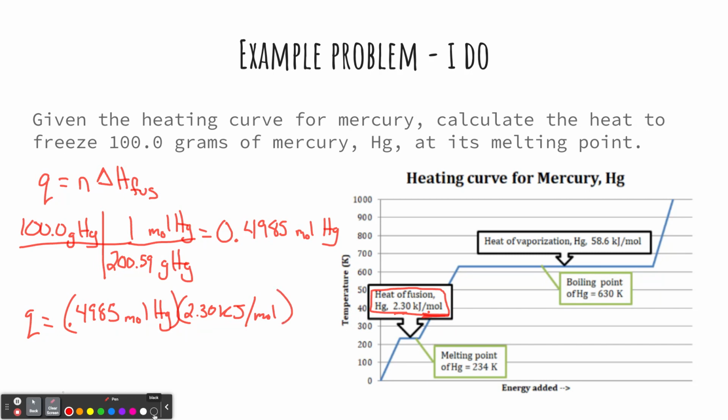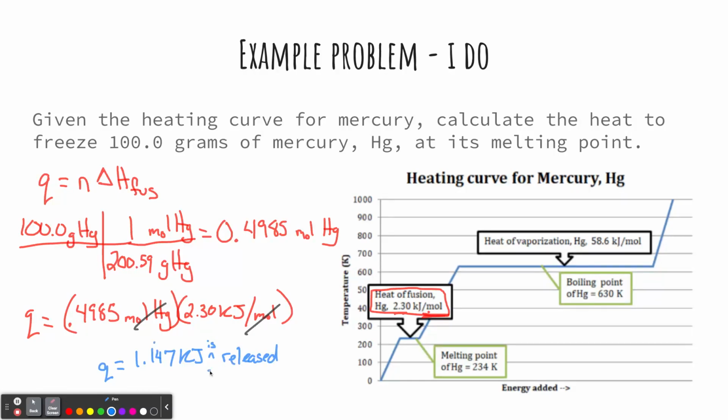Our moles are going to cancel out, so we can cross those out, and we're given our answer, which is the heat that is going to be released. Okay, so our heat released will be 1.147 kilojoules.